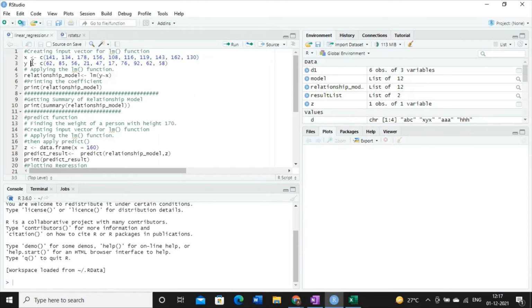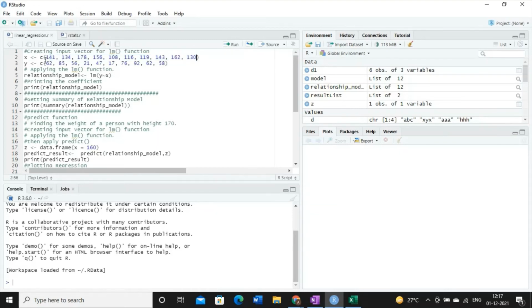Now you can ask why we have x and y. Here x means the features, the input, and y means the output that we are going to predict. Y means the sales. We are going to predict sales on the basis of some input. Now you can ask whether these values are taken row wise or column wise.